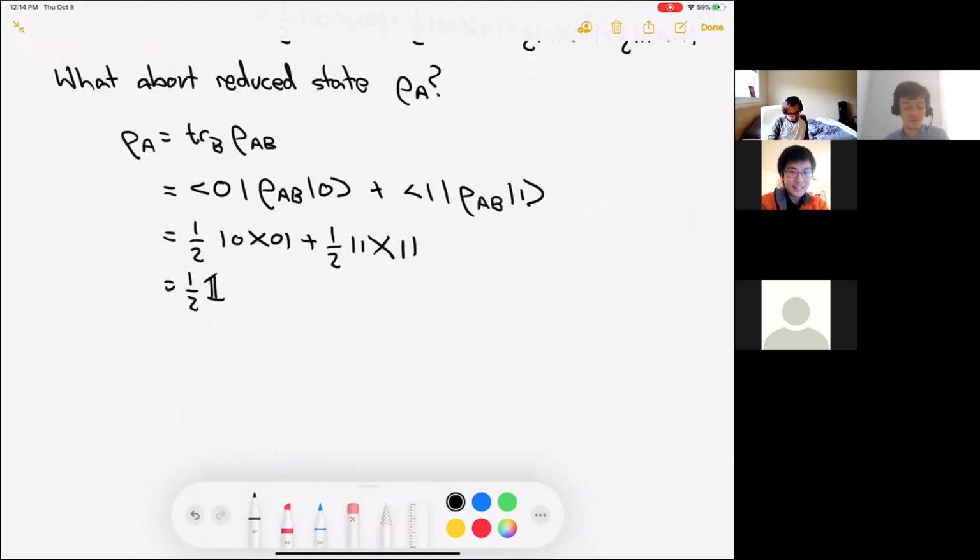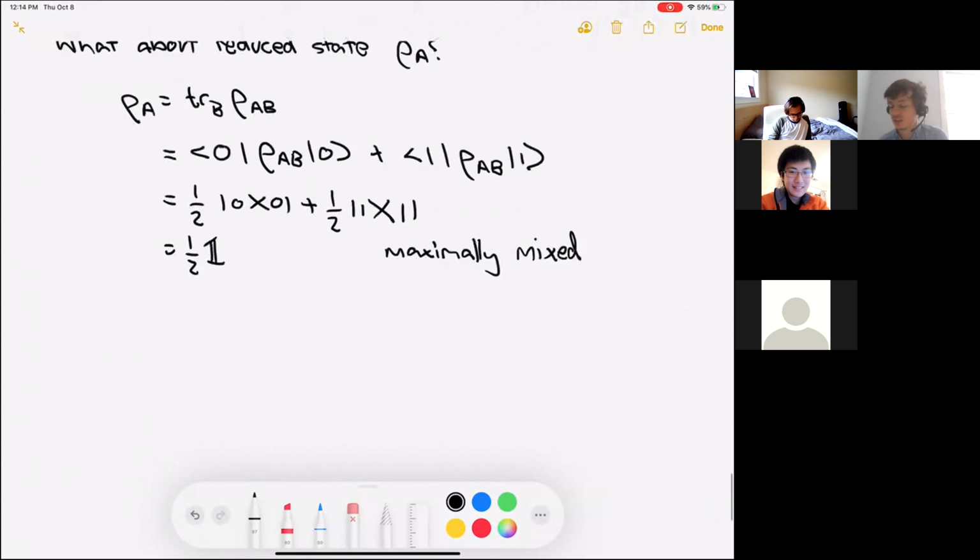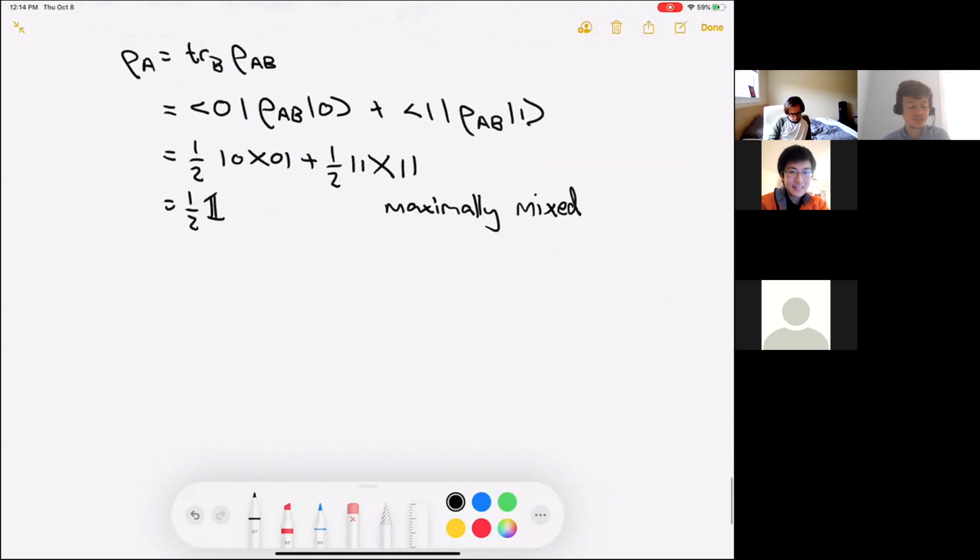So even though our original state, rho AB, was pure, it didn't involve any classical probability distributions at all, the state we've ended up with, the reduced state of system A, is not just mixed, it's in fact maximally mixed. This is a general rule.